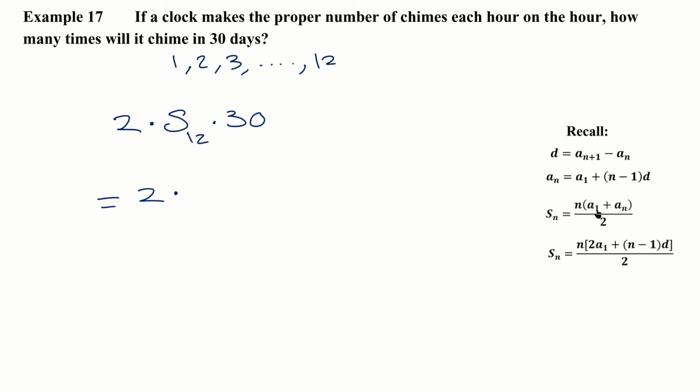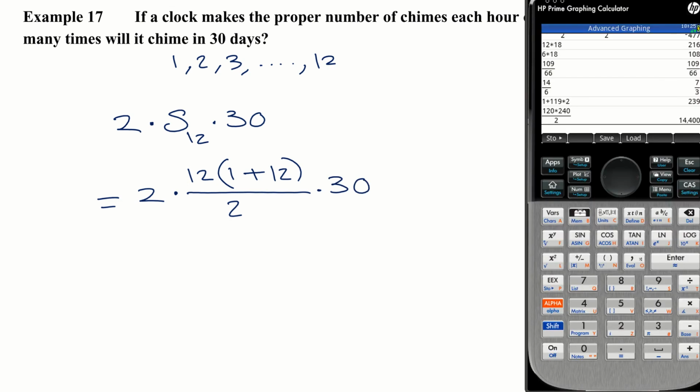This is a really nice, simple problem when it comes to finding these quantities. And A1 is just obviously 1, right? And the number of items is 12. So, 12 times 1 plus 12 over 2. And then we're going to multiply that by 30. Okay, so obviously we don't need to worry about these two because they cancel out.